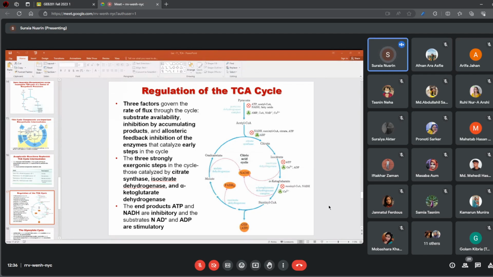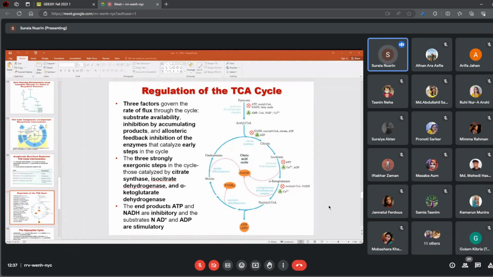So what is the substrate in this case? What are the substrates of the TCA cycle? ATP, NADH.